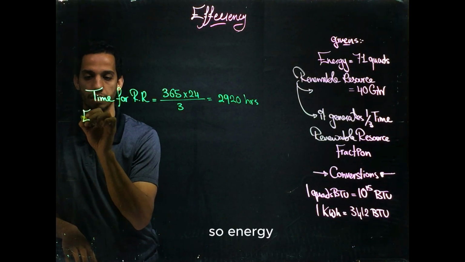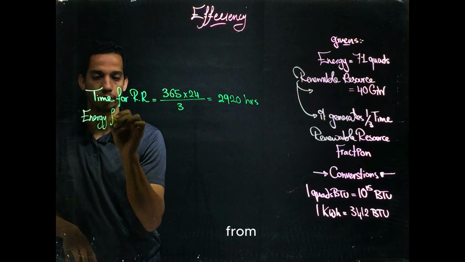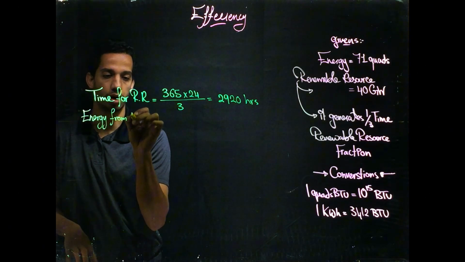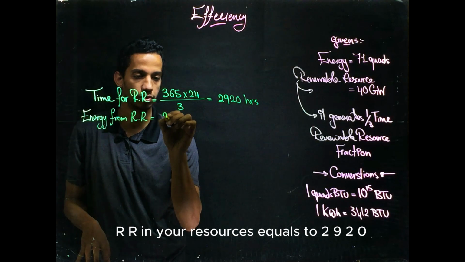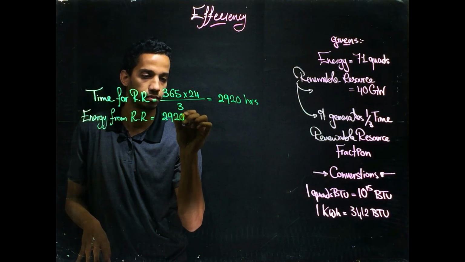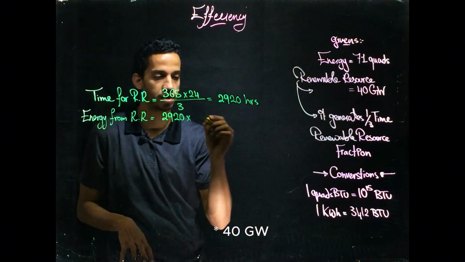So the energy from RR, renewable resources, equals 2920 times 40 gigawatts.